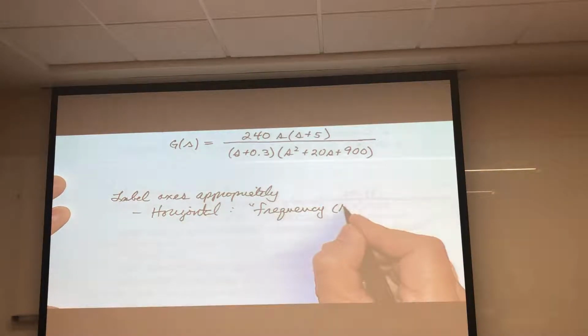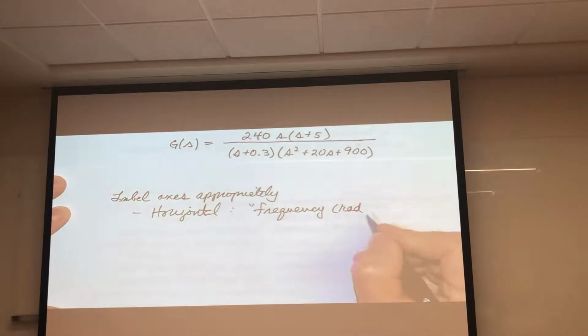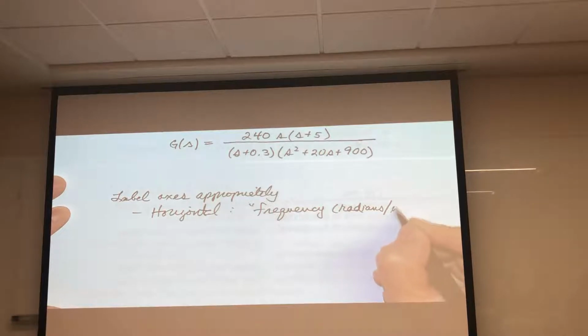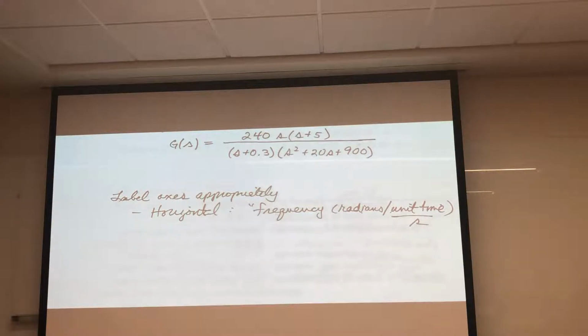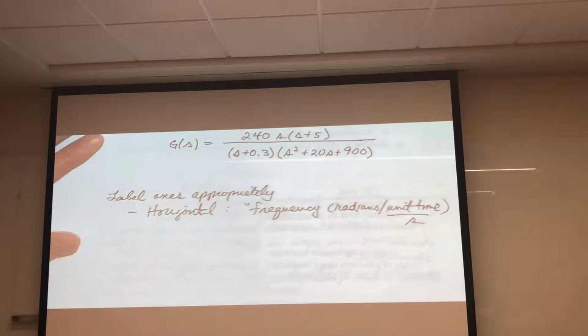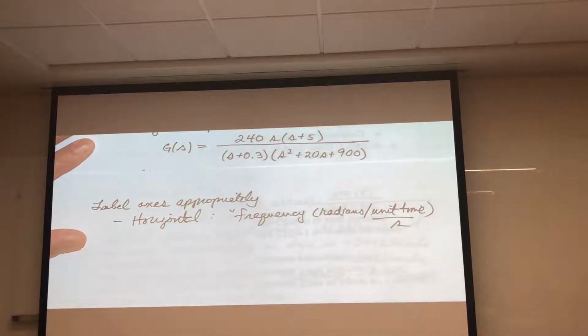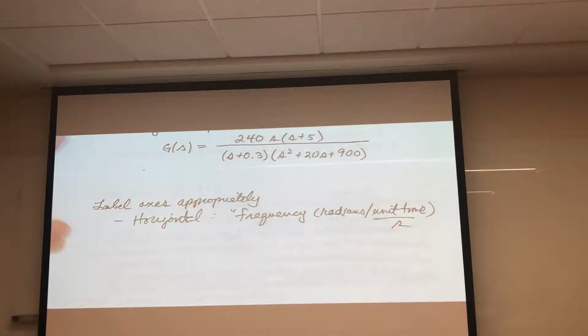The default is omega, so it's radians per unit time. If you want to say unit seconds, you can do that if you wish. Radians per second, radians per hour. Somebody has to tell you whether the time measurement unit was seconds or days or something like that.